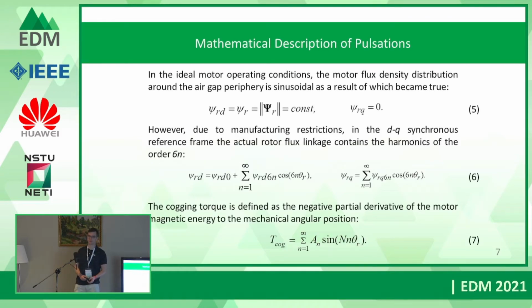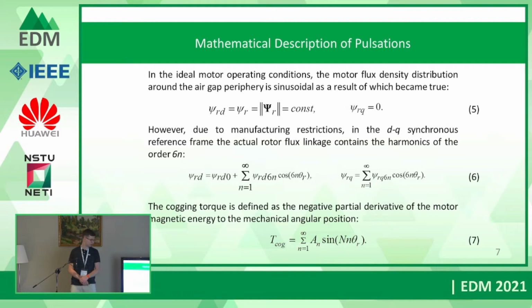Let's come to the mathematical description of pulsation. As was mentioned before, in ideal motor operating conditions, the flux density distribution around the air gap has a sinusoidal form as presented in equation 5. However, due to manufacturing restrictions, there are some harmonic components, presented in equation 6.